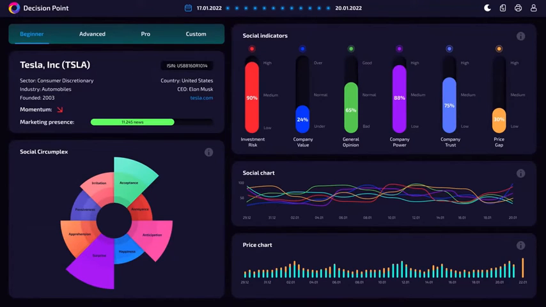Also in Decision Point, also using, let's say, other methods. If I take into account the company value indicator, I can see that on a long-term perspective, the stock seems undervalued, which means that maybe I can buy some put options on a very short term, maybe some short-term scalps just for fast profit. If I, for example, take a look at the social chart, I can see that the general opinion, which is in green, is at the moment downtrending, which is a great confirmation for me.